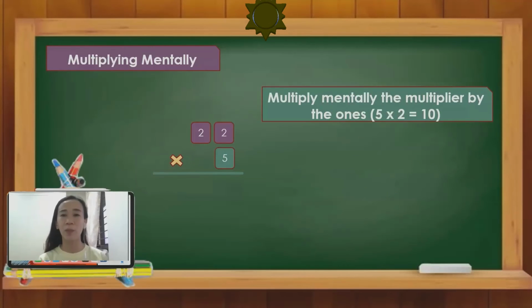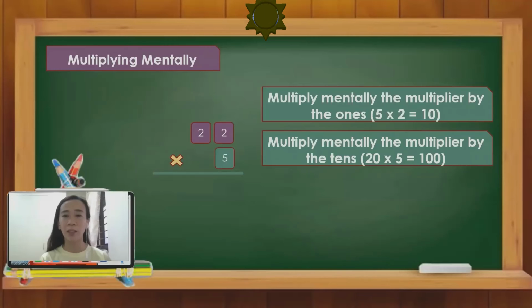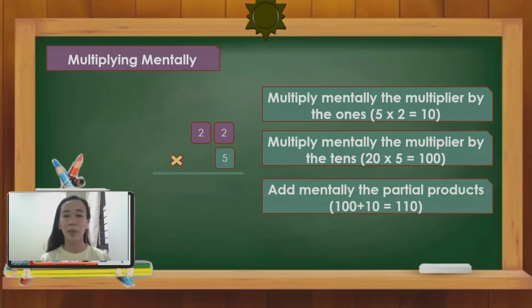So, multiply mentally the multiplier by the ones. 5 times 2 is equal to 10. Multiply mentally the multiplier by the tens. 20 times 5 is equal to 100. And add mentally the partial products, which is 100 plus 10 is equal to 110. Therefore, 22 times 5 is 110.